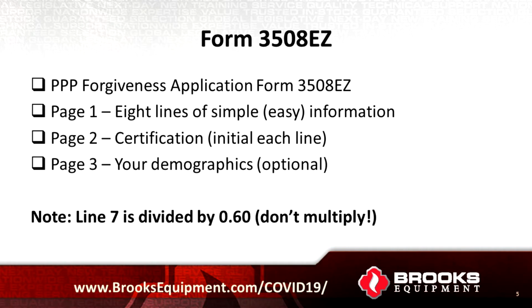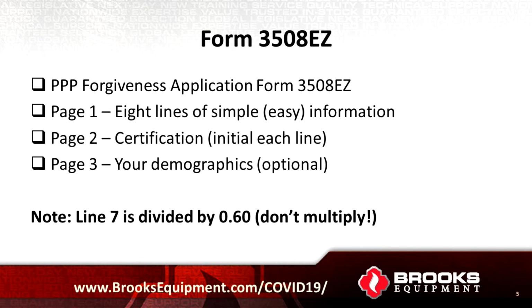The new loan forgiveness application Form 3508EZ is 3 pages. Page 1 is the PPP loan forgiveness application. The top half of the form is information on your business and your PPP loan. The bottom half of the page has 8 lines that are used for calculating your loan forgiveness amount. Page 2 contains the certification. You must agree to initial each of the applicable certification items.